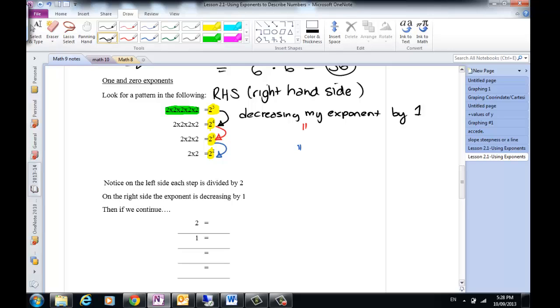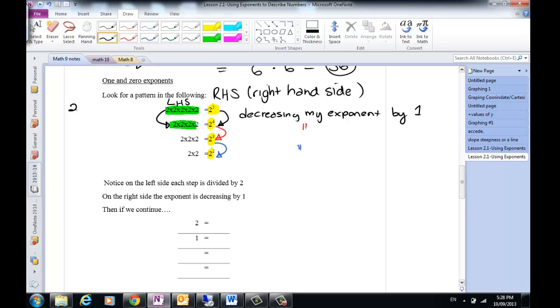Now, on the left-hand side, which I'll call the LHS for left-hand side, if I'm going from the top one to the second to the top one, notice that I would divide by 2.